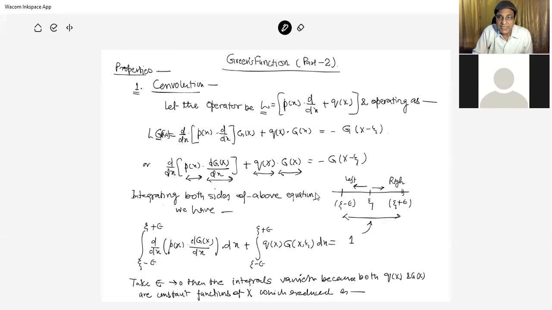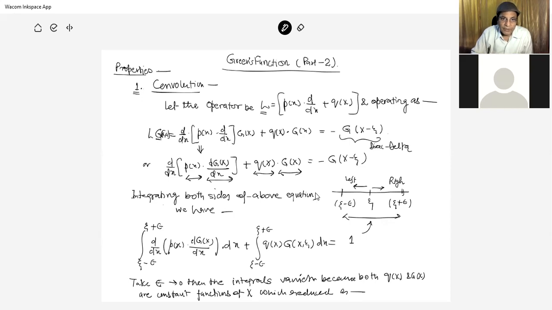This x minus xi is the Dirac delta function. Or this can be written as d/dx of p(x) dG/dx plus q(x) G(x) equals minus delta(x minus xi).